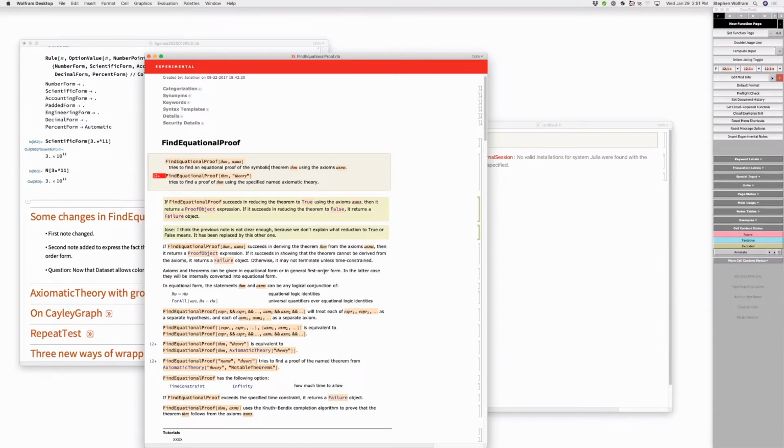It can be given an equational form, or in general first order form with a single level of quantifier.